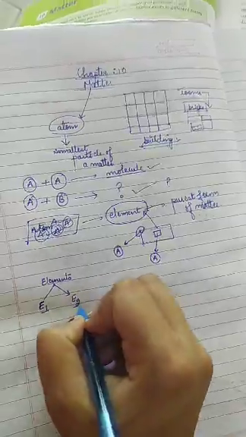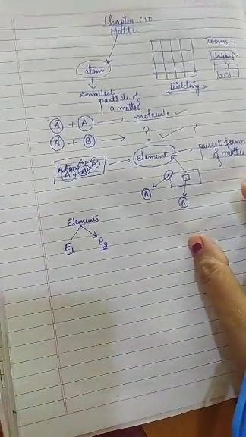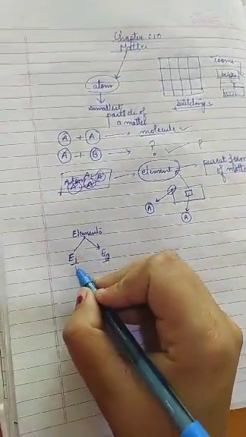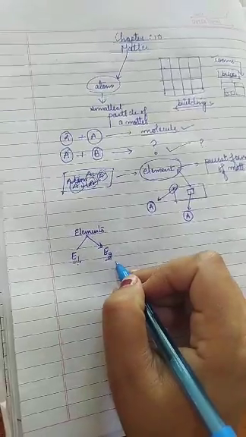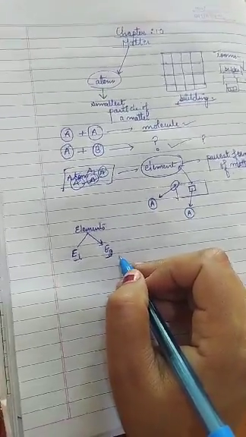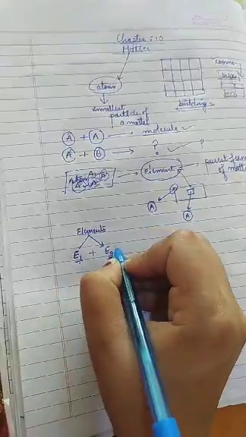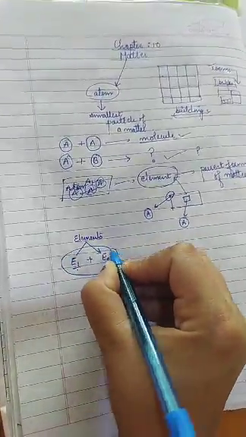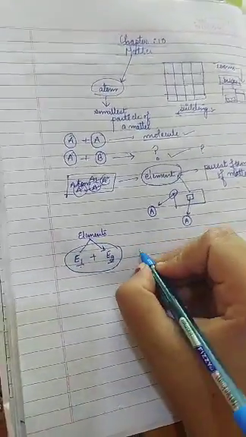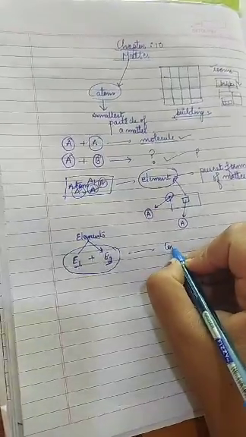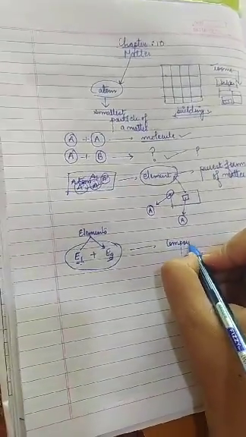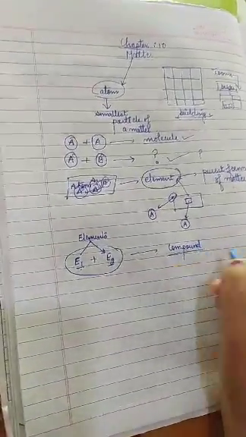I have given these names to them, E1 and E2. E1 is the first kind of element and E2 is the second kind of element. Okay, if I combine both these two different kinds of elements, what does it form? It will form a compound.